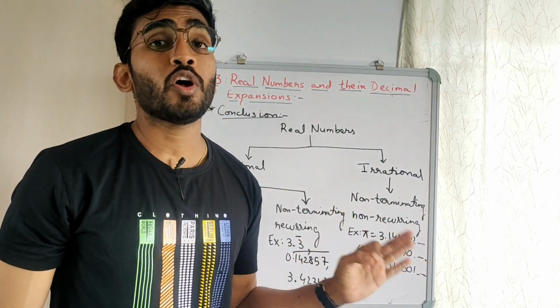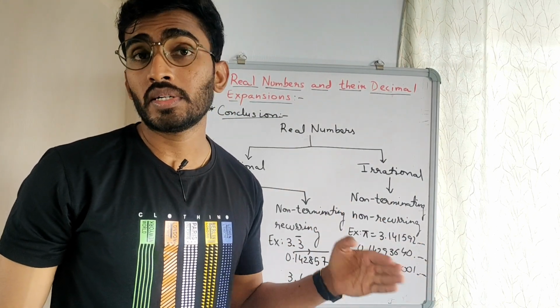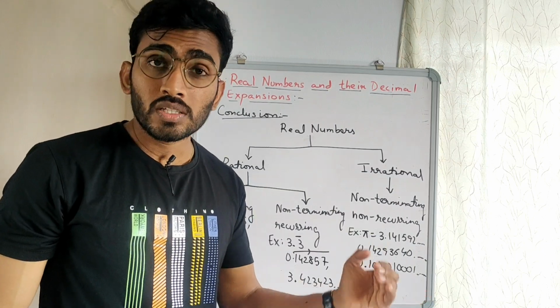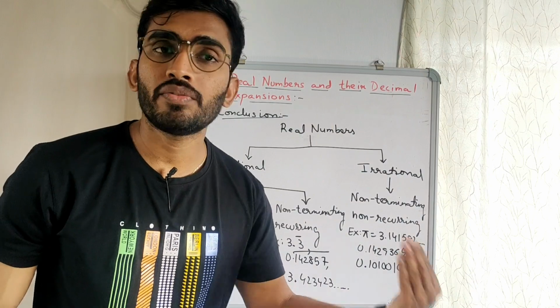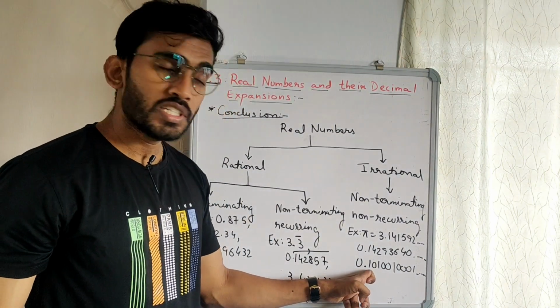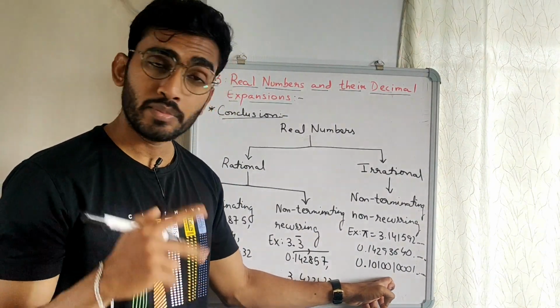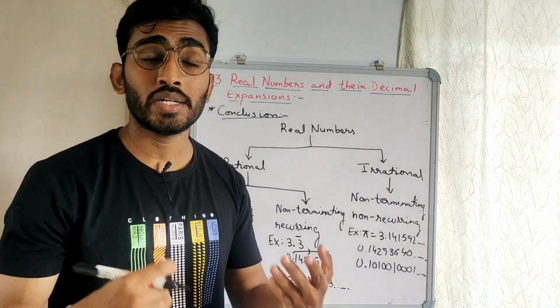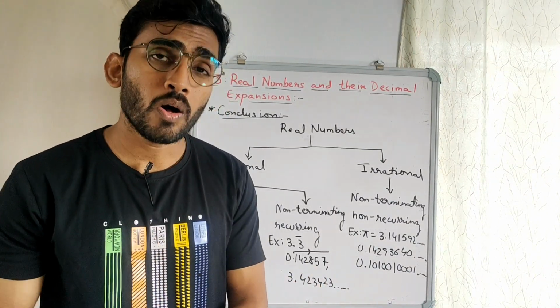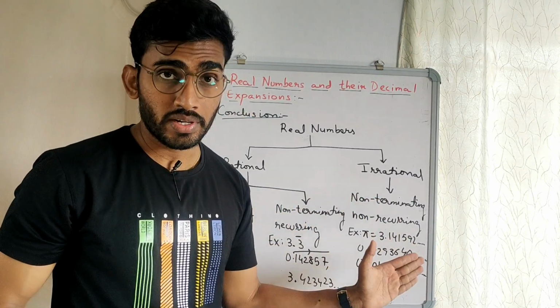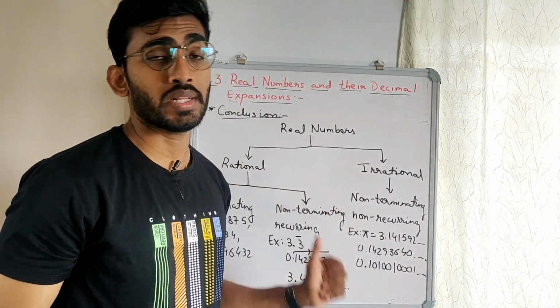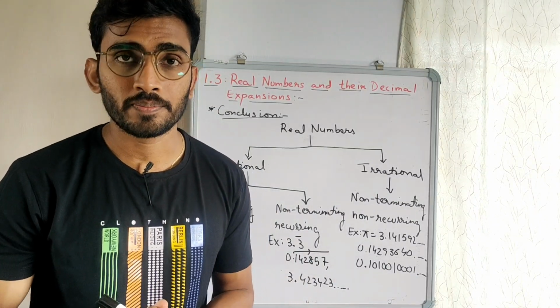But this will not be considered as non-terminating recurring, because the number of zeros is increasing after every 1. You can see at first it is a single 0, then it becomes 2 zeros, then 3 zeros and so on, and this is also considered as non-terminating, non-recurring. As a result, it is also an irrational number.